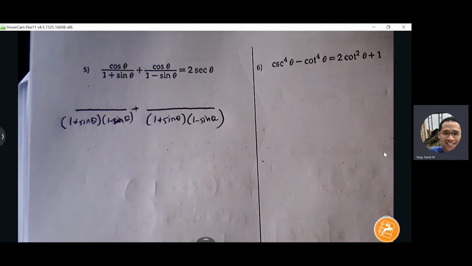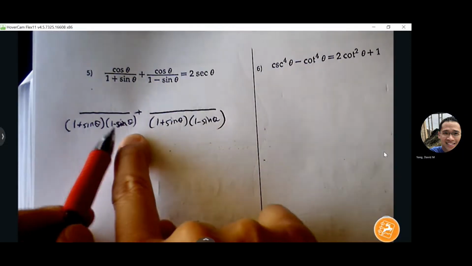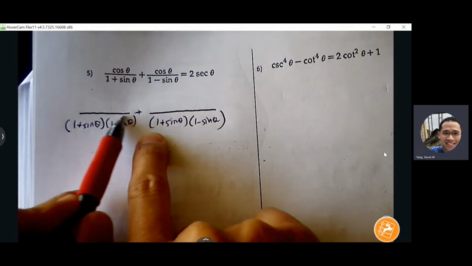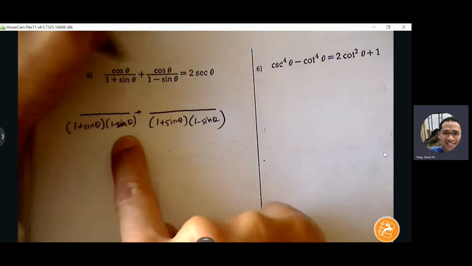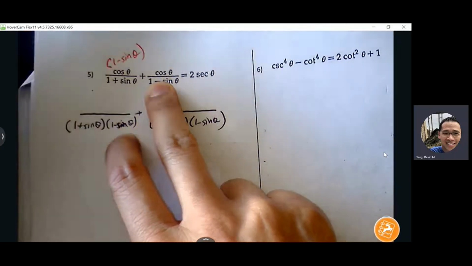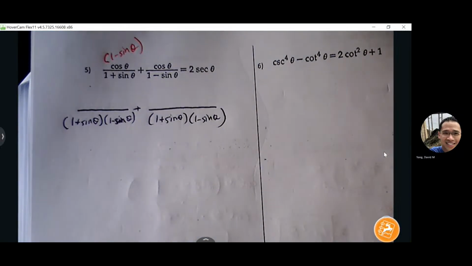Note the difference between the old and new denominator, and then whatever is different has changed. That's what we've got to include to balance our numerator.